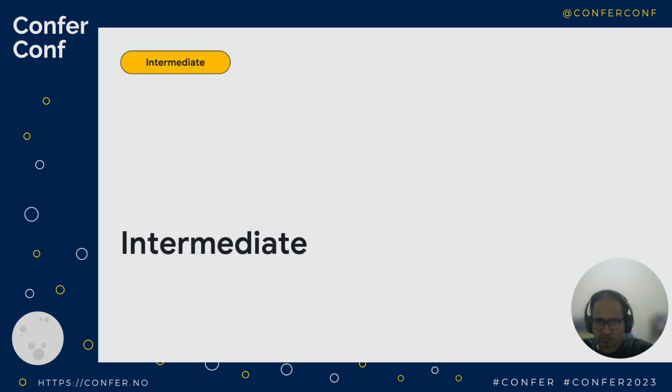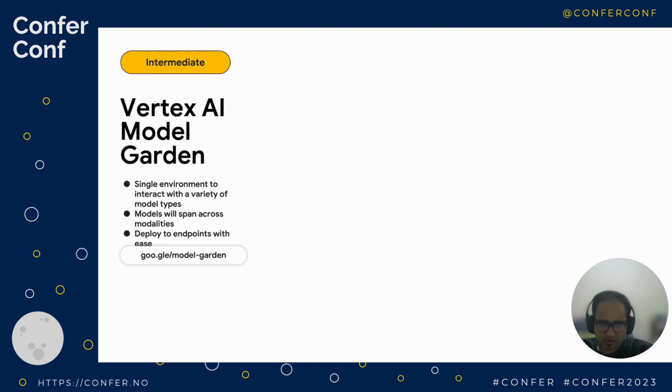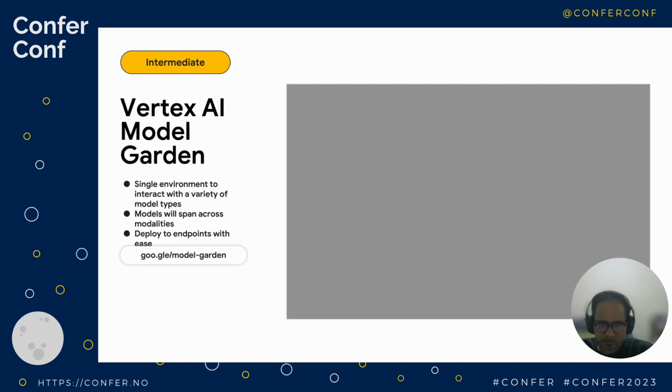Let's look at what we have for intermediate. In intermediate, you have Vertex AI Model Garden. It's a single environment that interacts with a variety of model types. The models span different modalities, and you can deploy them easily in any Vertex AI endpoint.